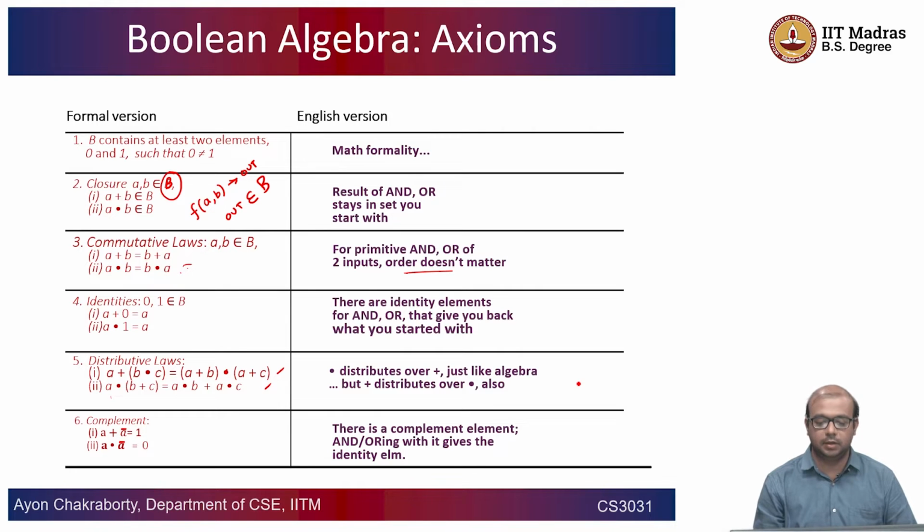You need to at least sometimes recall these so that, given a complicated expression, you can find out how to go further simplifying it. It will be easier for you if you remember these laws, right? So the distributive laws, identity, commutative laws, and so on.